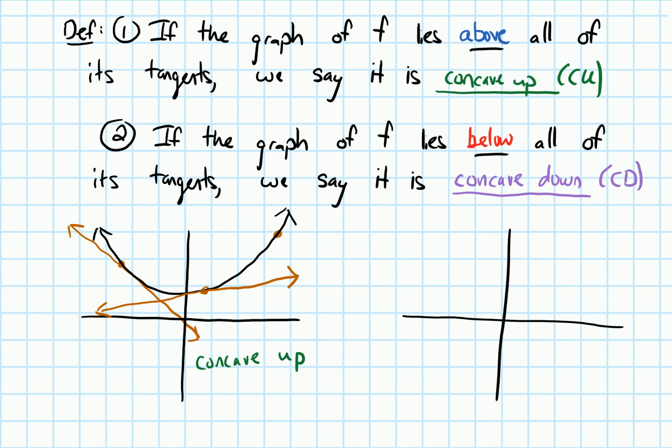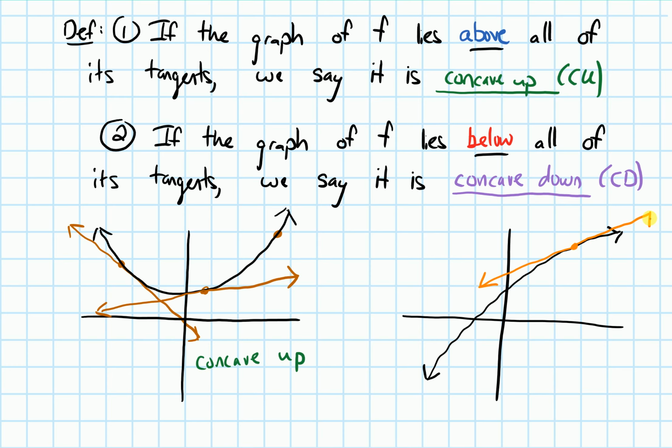Okay, so let me draw another example. Let's say I have a graph that looks like this, curving down, but it never comes down. It keeps just going up, but just keeps curving like this. So kind of like a log function graph. So let's draw some tangent lines to this graph. So if I were to look at a point maybe here, and draw the tangent line, that would look something like this.